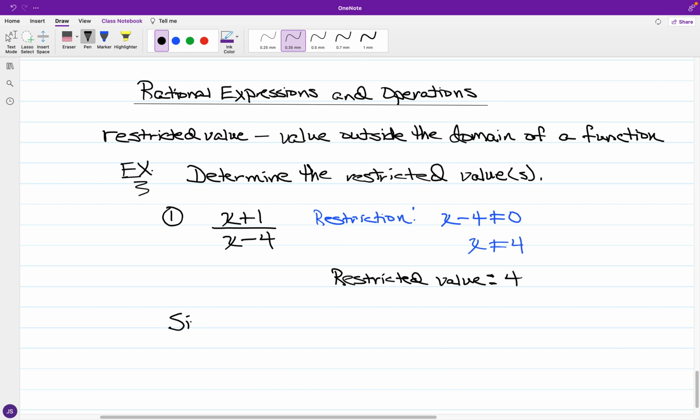Another case here. Say you're looking at simplify, and determine the restricted value or values.